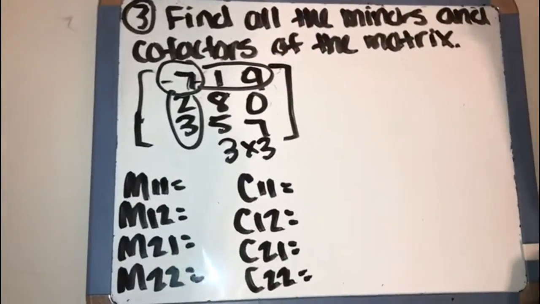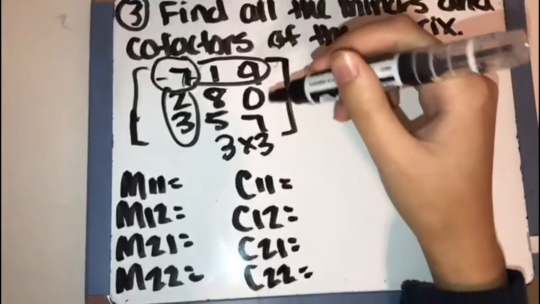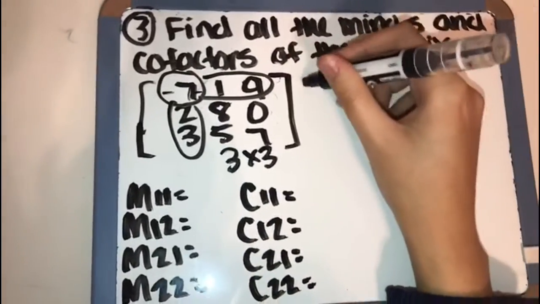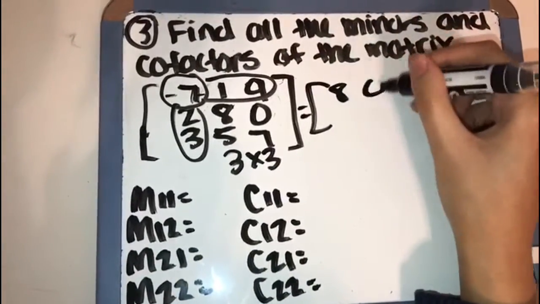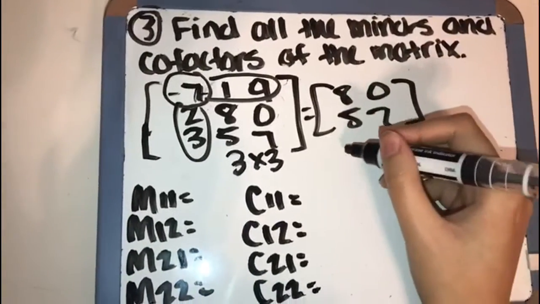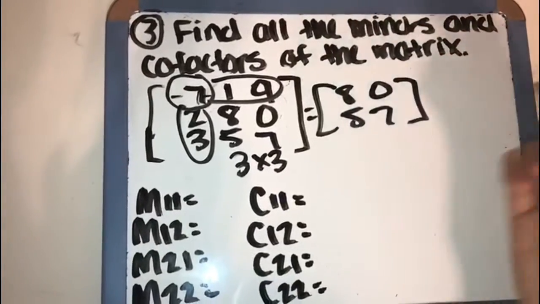Let's think about that. Remember, the second question we talked about was that there's a 2x2 matrix. That means that we have to find the determinant of that, right? So let's set it equal to that with 8, 0, 5, and 7. Now let's find the determinant. Let me do it step by step so you know what I mean.